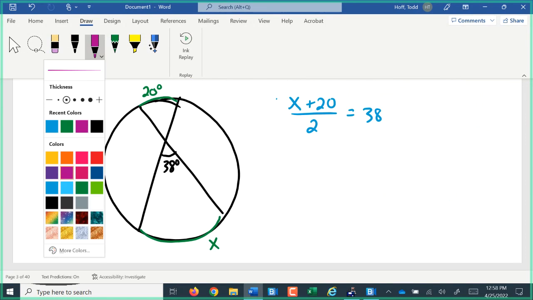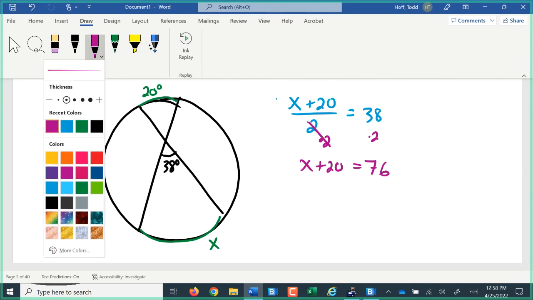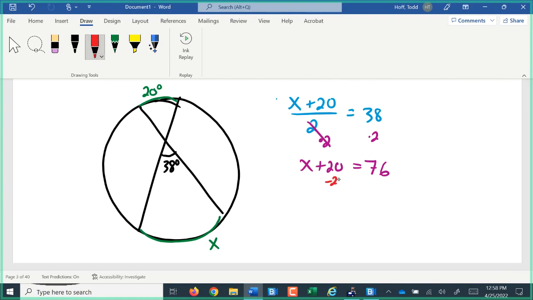Multiply by 2 to get rid of the divided by 2. So x plus 20 equals, what's 38 times 2? 76. And then subtract 20. x equals 56.